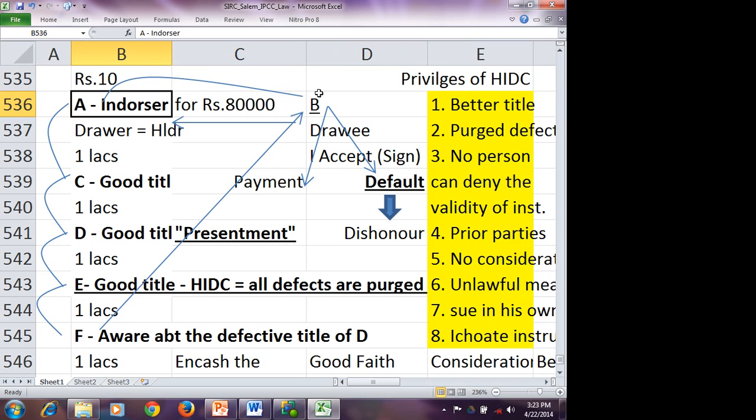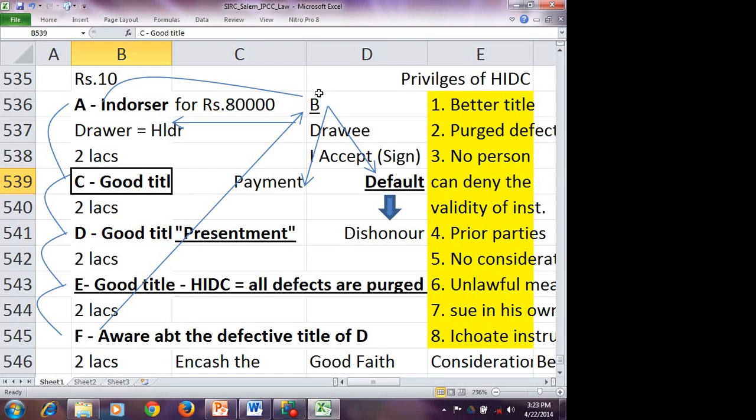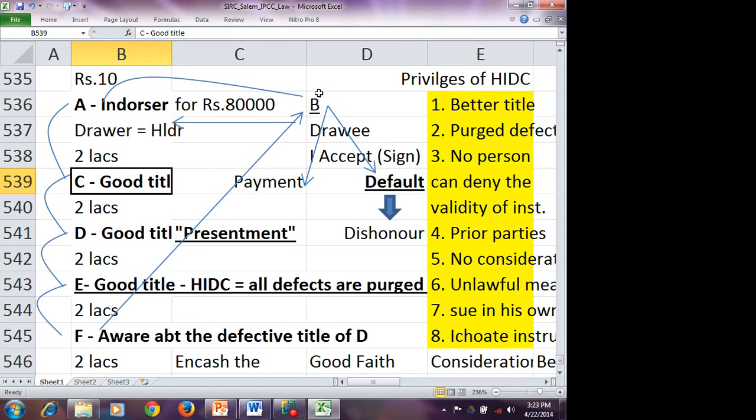Now let's assume I can put only 1 lakh rupees for the stamp affixed of 10 rupees. I can maximum put 1 lakh. The transaction value is 80,000. But A has written 2 lakhs. In good faith, it goes to C, in good faith to D, and lastly to F. Now F goes to B and asks for the money.